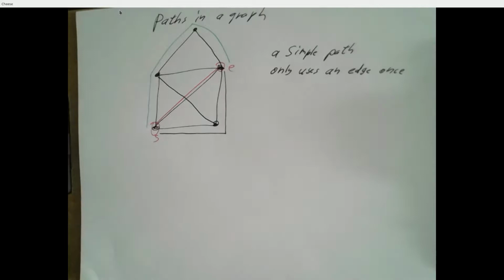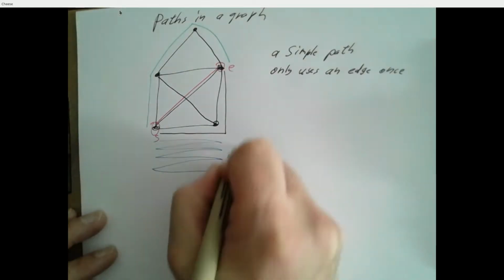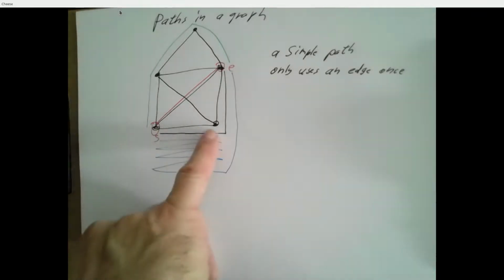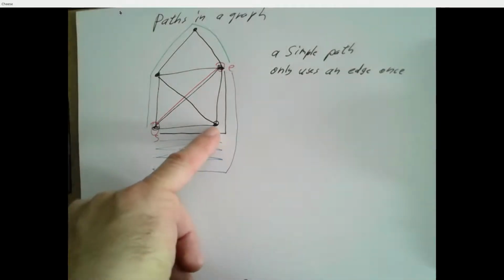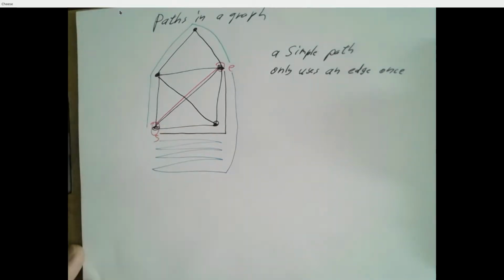So here's a really weird path from S to E. Boing, boing, boing, boing. But I'm going to call that not a simple path. It's technically a path because we're only using edges. When we get to a vertex, we're only traveling along an edge connected to it, right? But we're traveling along an edge more than once, so that makes it non-simple.